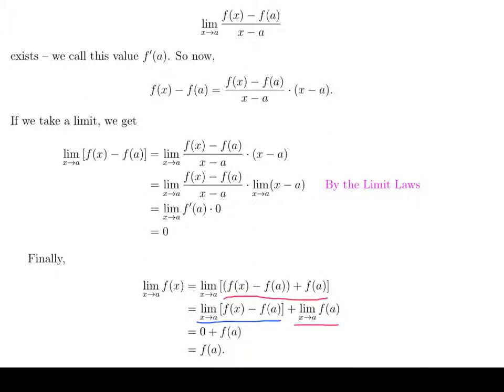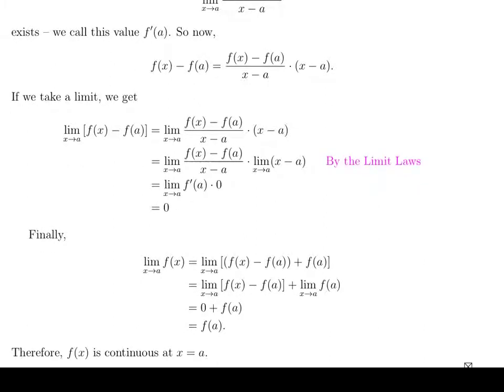So our end result is that the limit of f of x is equal to f of a. That's what we need in order to prove that the function is continuous. So that proves what we want, that f of x is continuous at x equals a. That's the end of the proof.